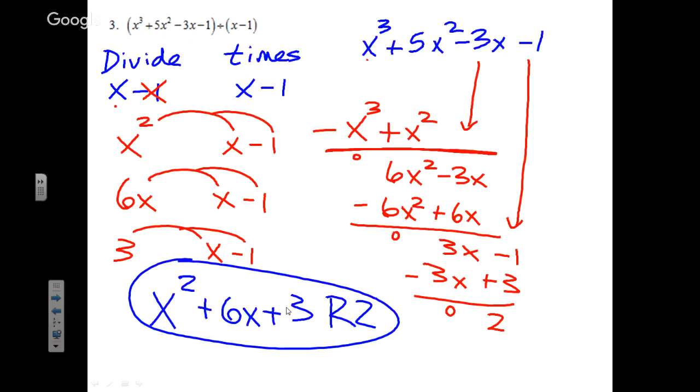And then I drew a capital R, which means what? Remainder of 2. So that means this one does not divide out perfectly. It has a remainder. Okay? And we just go with that.